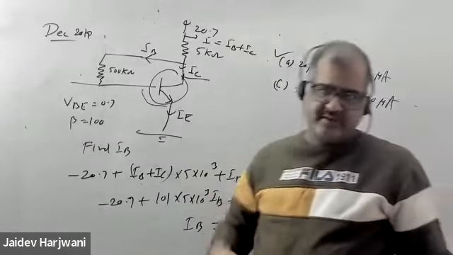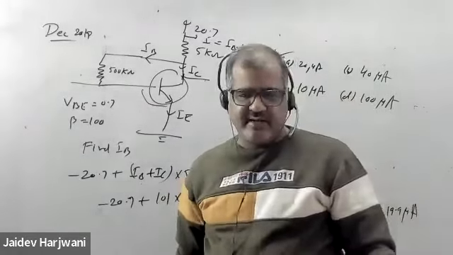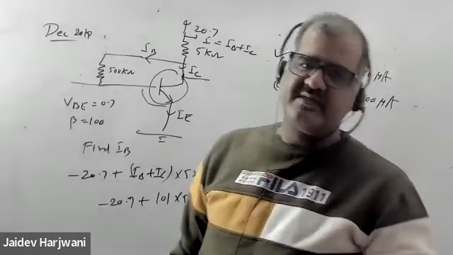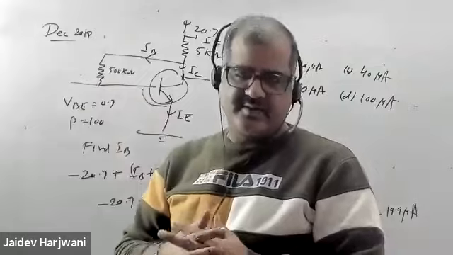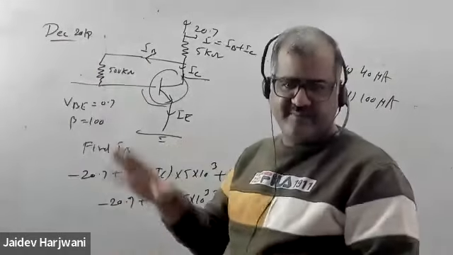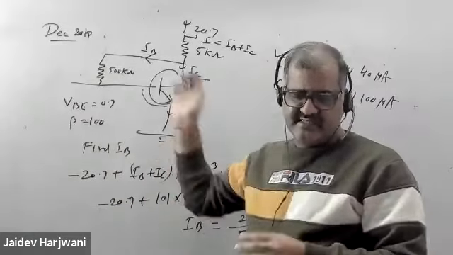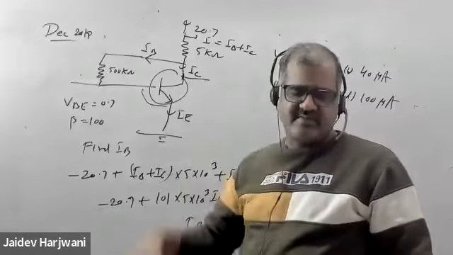Then we'll start operational amplifier, and it will take some 8 to 9 classes. Once operational amplifier is finished, at the end we will do AC analysis. Most of the problems of diode, transistor, and other problems which require AC, we will do as some problems of AC analysis. That will be miscellaneous problems.